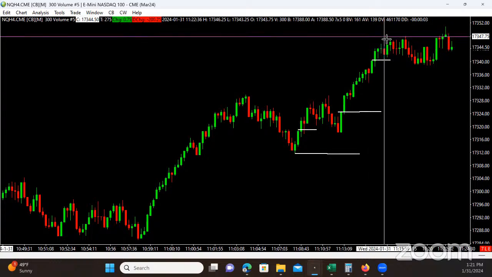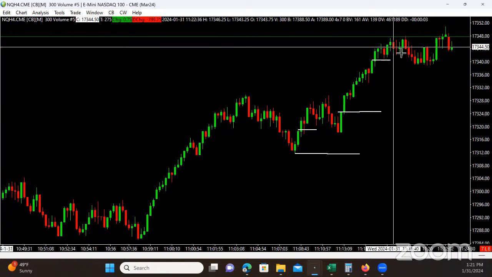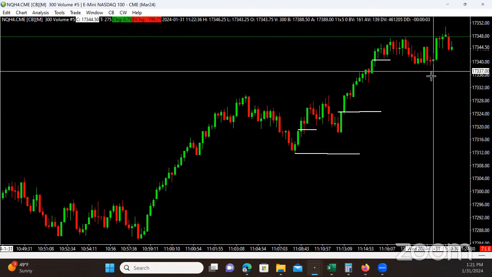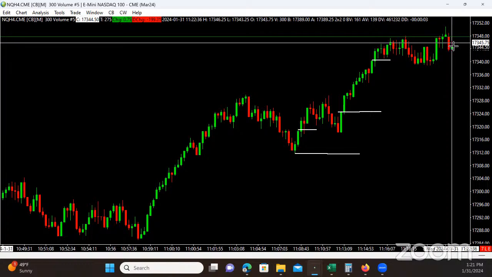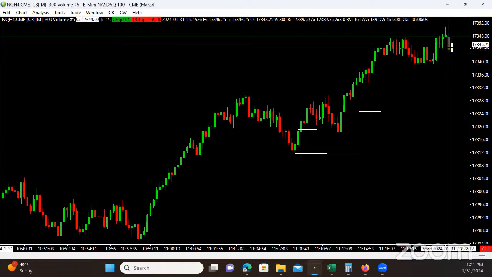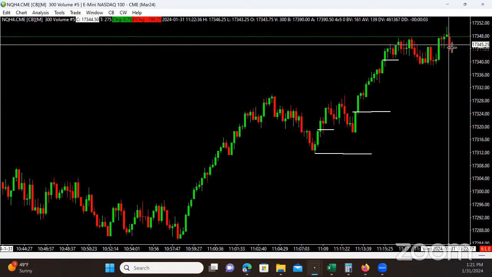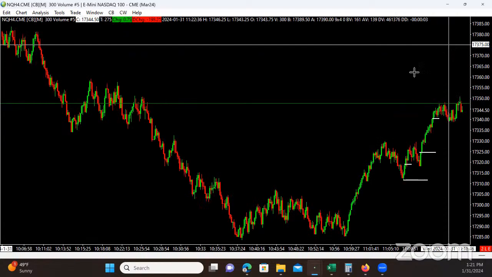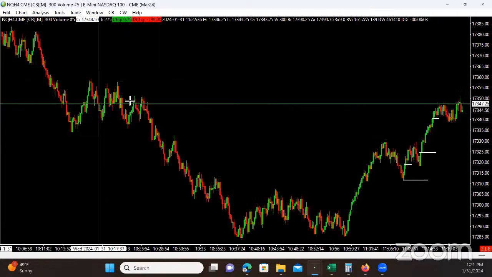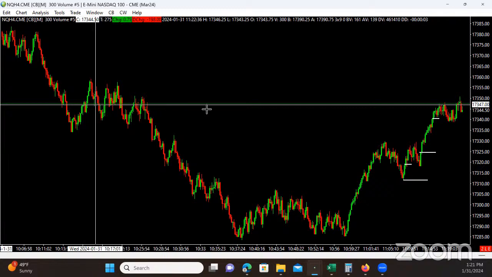Once it gets up here, I'd be watching, right? If it comes down here and then it shoots back up, I might not want to get in anymore, because at this particular point, I don't know if, again, the reason why we call that area is because we know that this is a congestion area from over here, right?